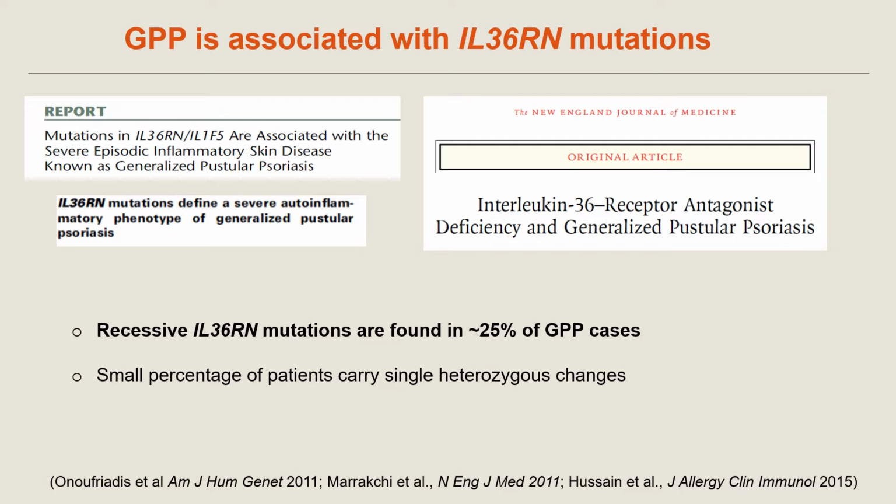And over the years, by screening large numbers of patient datasets, we found that these mutations are seen in roughly 25% of GPP cases. And interestingly, a small percentage of affected individuals carry a single heterozygous change, so just one IL36RN mutation.